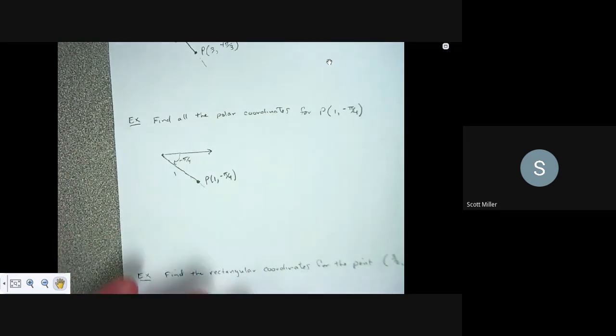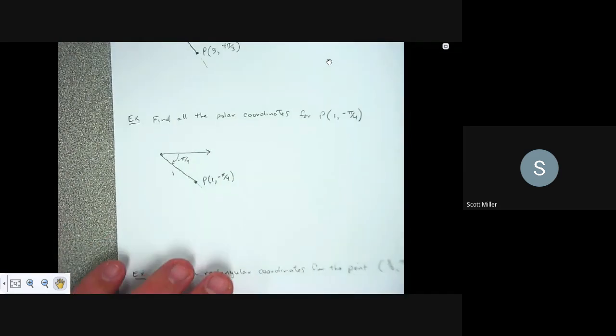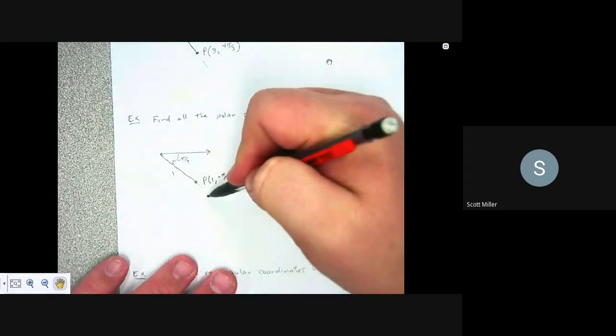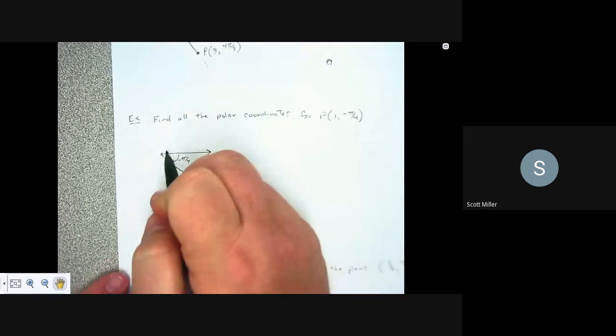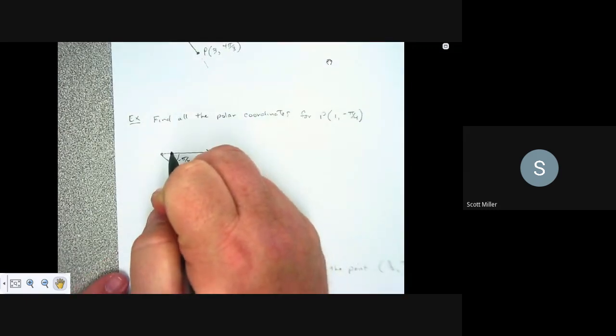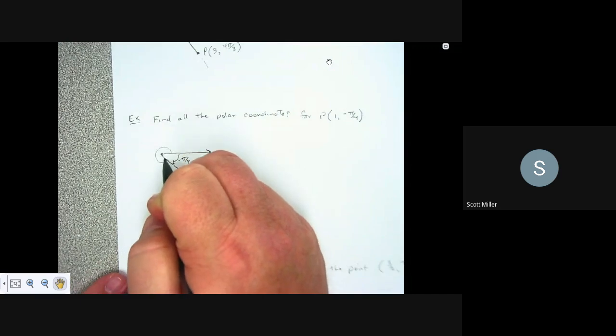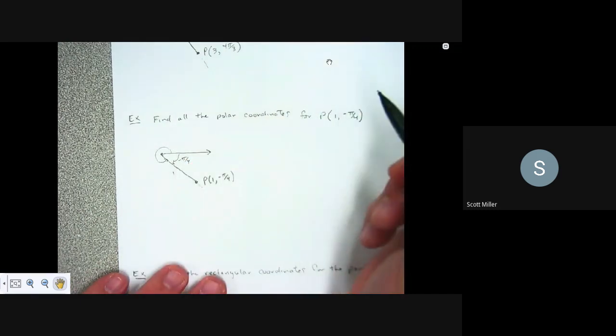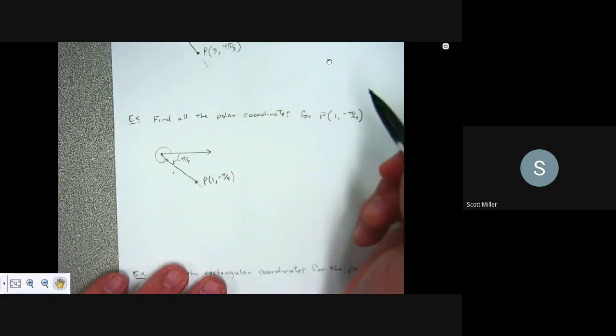Okay? Using this as a reference, what are some other angles I can have that get me to the same terminal place? One of them would be if, instead of going in a negative direction, I went in a positive direction. That would be one angle I can use. Okay?